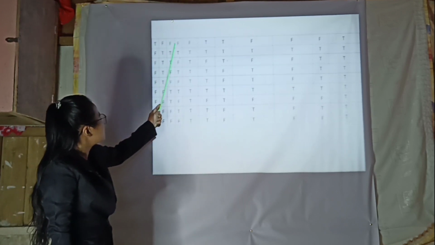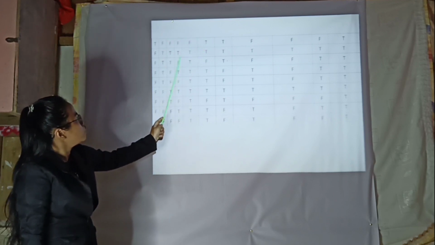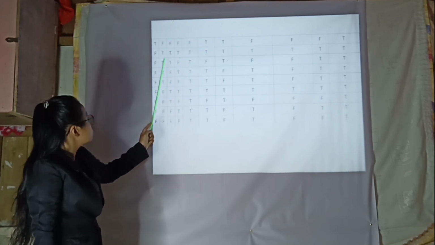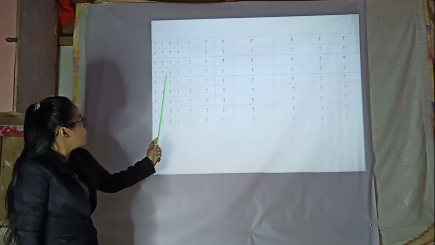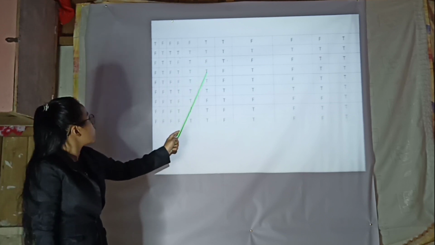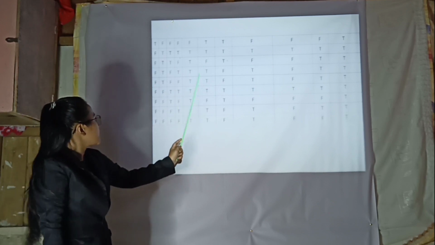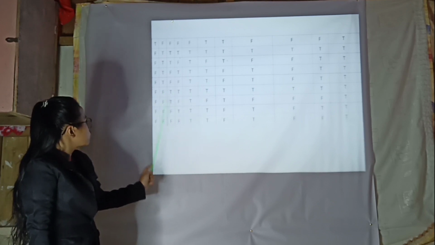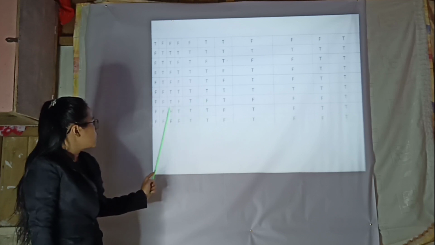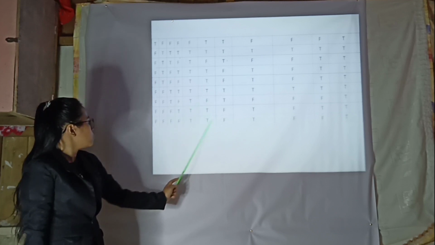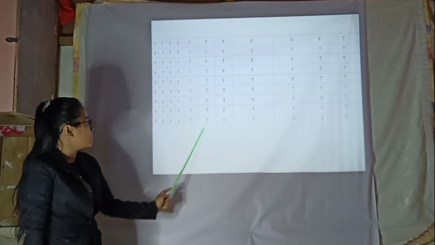So false, false, true, true, true, true. So true, false, false, false, true is true, false, false is true, true, true is true, true, false is false, false, true is true, and false, false is true.